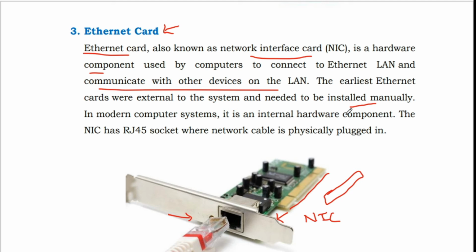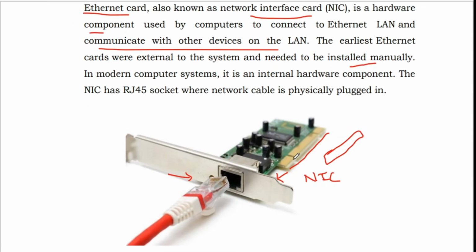So the NIC has an RJ45 socket where the network cable is physically plugged in. Nowadays you have this built-in component on the motherboard, and you can directly connect your RJ45 connector cable to this port where the communication takes place.